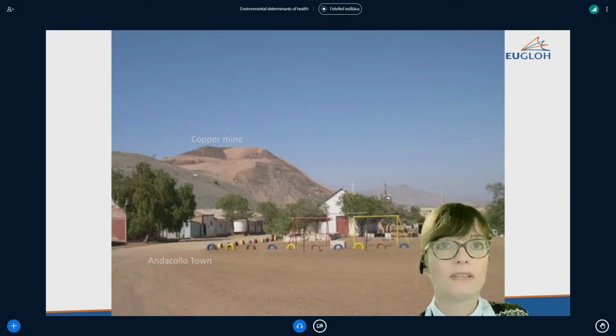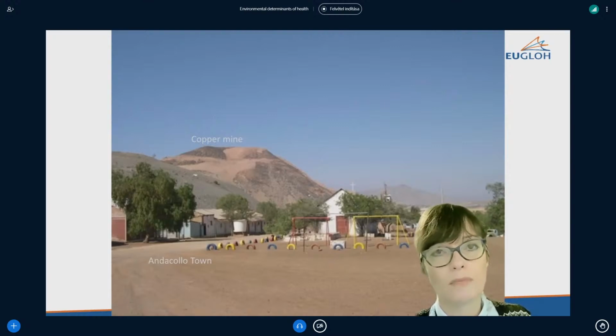The mayor of the city is very happy that they own the mines, as they contributed a lot to the development of the town, he feels. For example, the pavement of the main roads was paid by these enterprises so that dust exposure could be reduced.